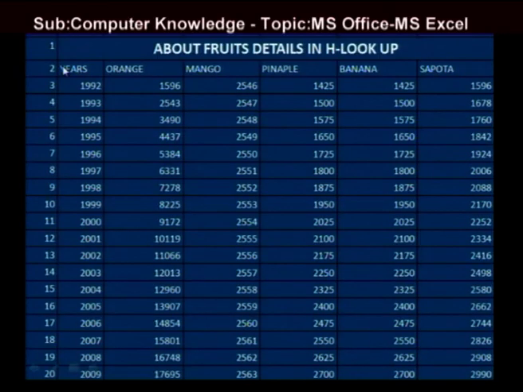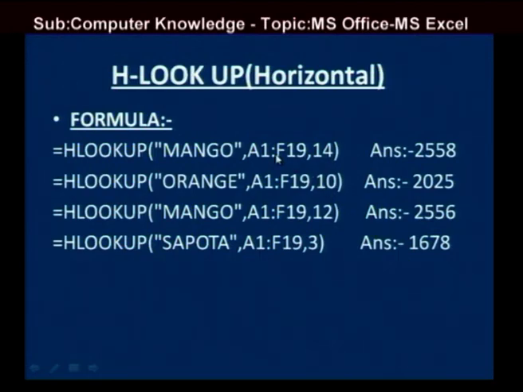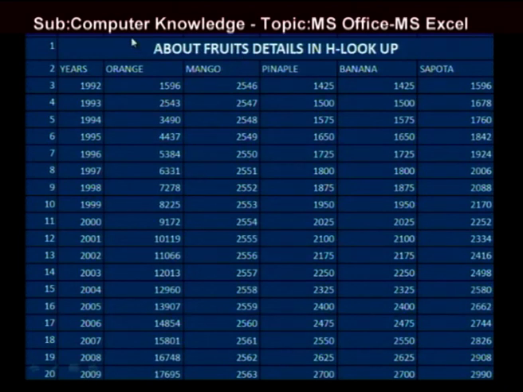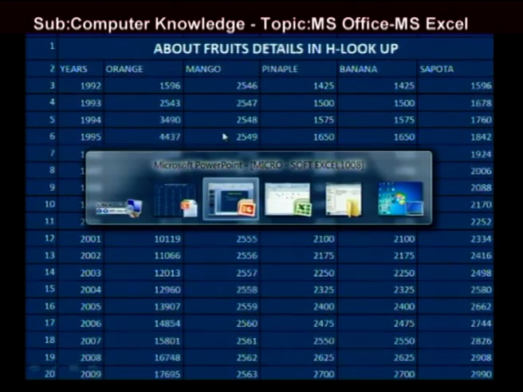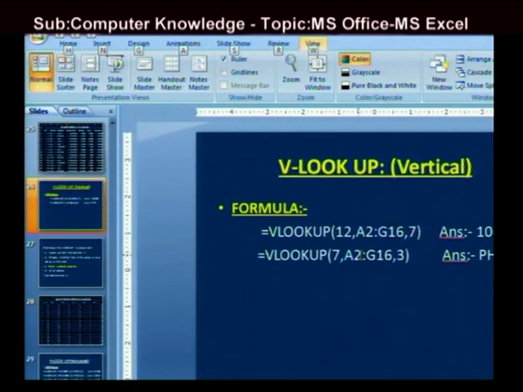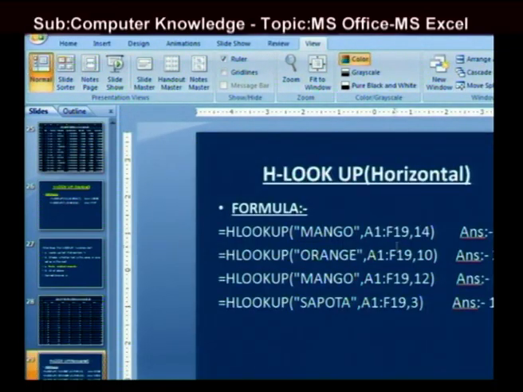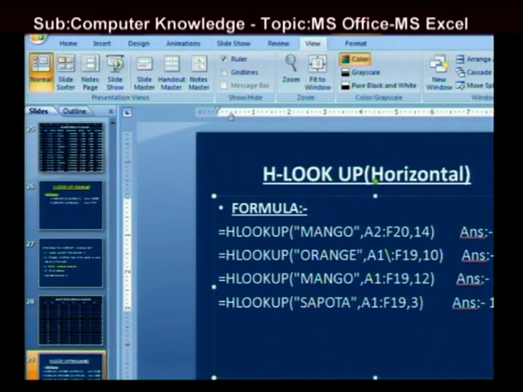Mango is there, and the table total range, with the heading, starts with A2 and ends at F20. Since the heading is there, a small adjustment is needed: A2 and F20, that is the table range here.